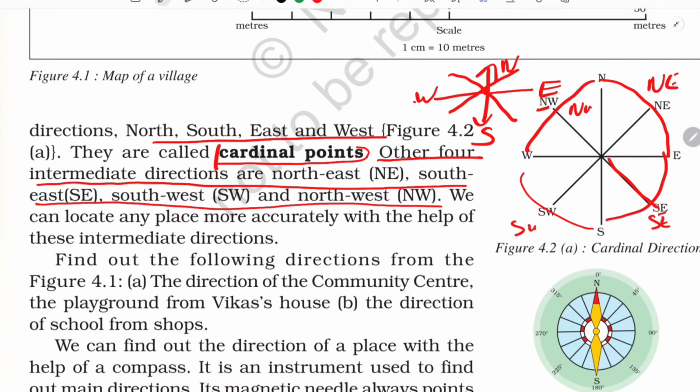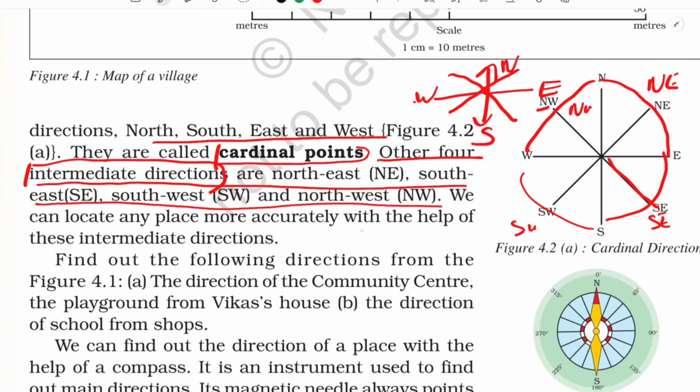From here to here, south and east. So like this. And what are these known as? These are known as intermediate directions. Okay, northeast, southeast, southwest and northwest, these are what? Intermediate directions. And these help us to give more accurate directions of any given map or any given place.